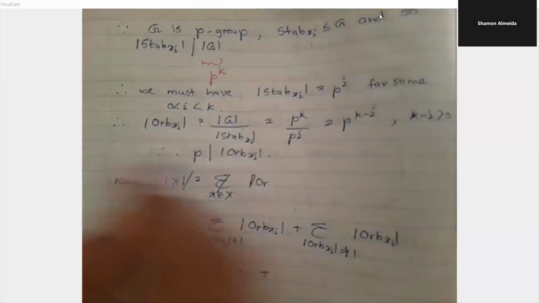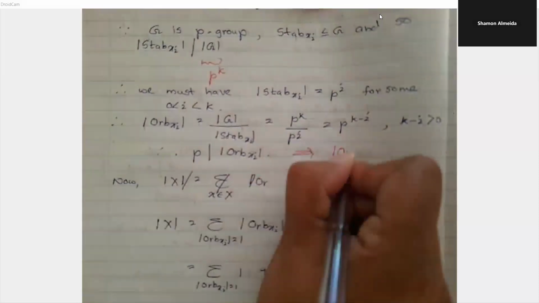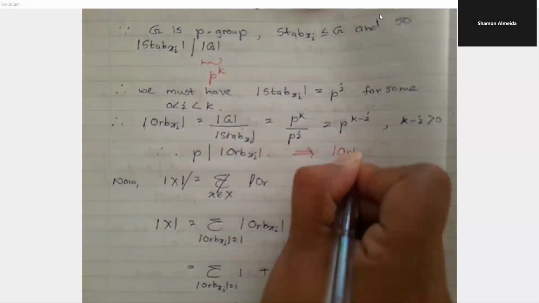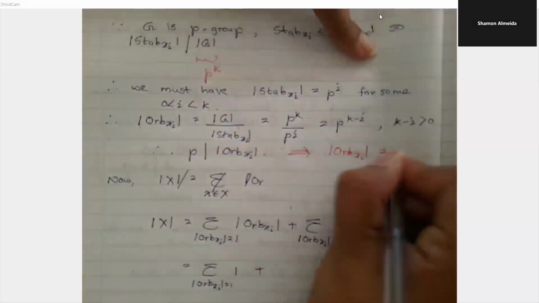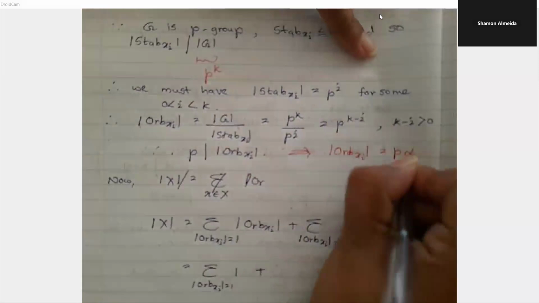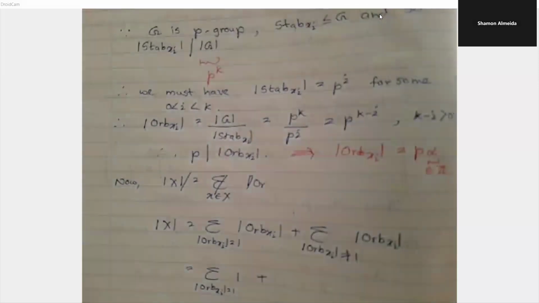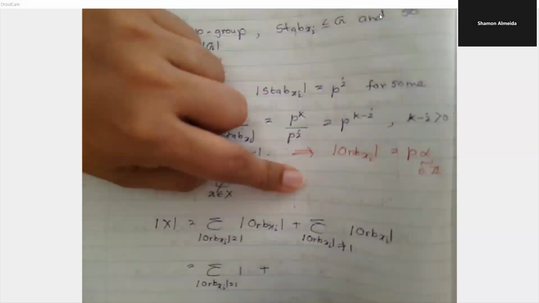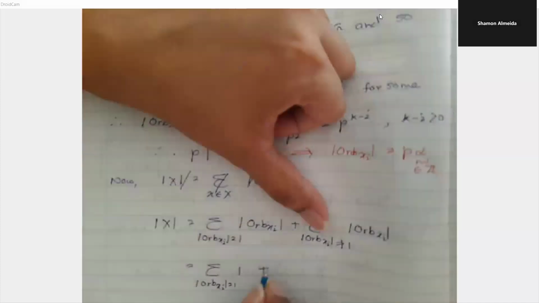So this means the order of the orbit of xi is a multiple of p. So I'll take it to be p alpha, where alpha is an integer. Then this summation ends up being p times m.